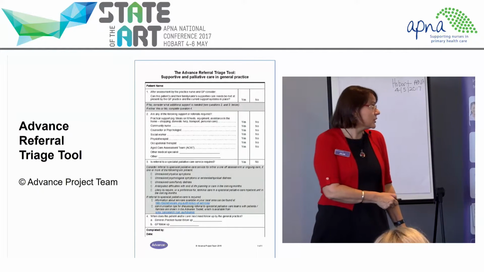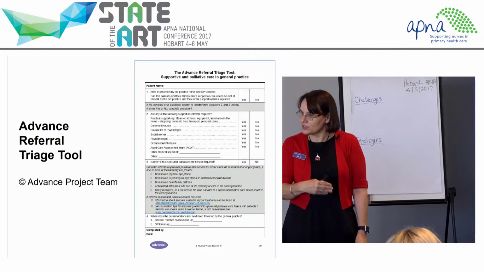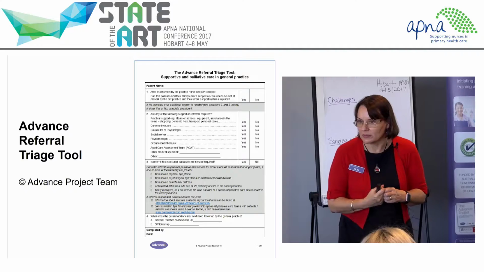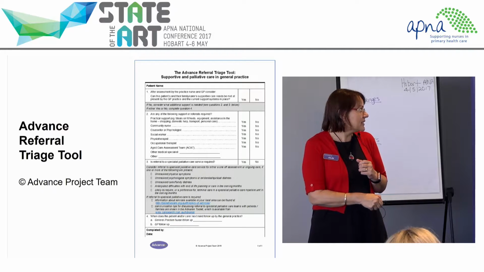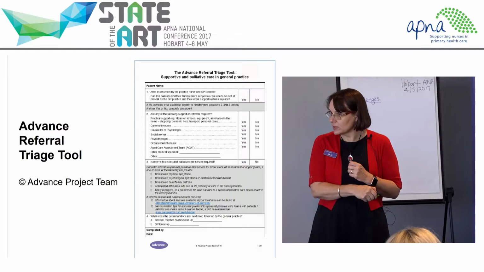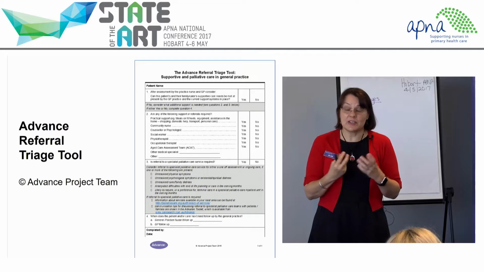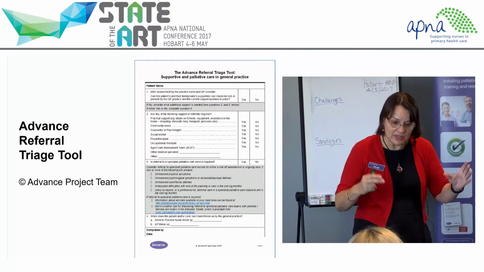And then there's also communication tips for discussing referral, because if the patient needs specialist palliative care, you've got to have that conversation. And that can be a little difficult. But there's some great tips on the Advance website of how to actually approach the subject, and there's some videos as well. Because again, all palliative, as we know, is non-curative.